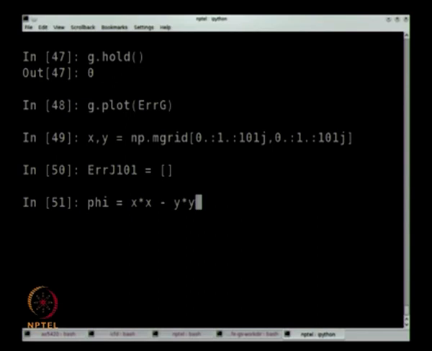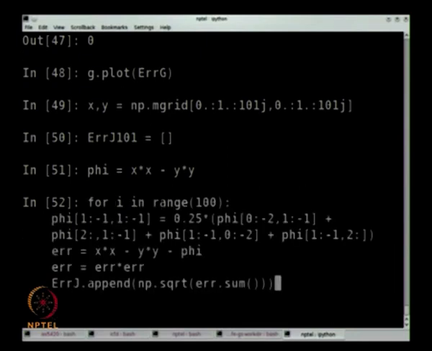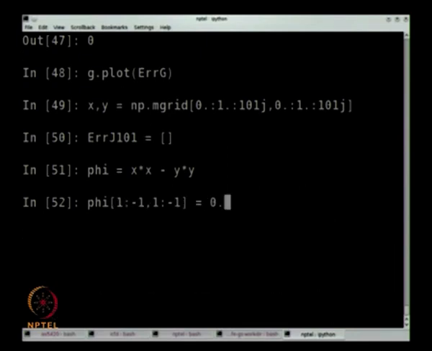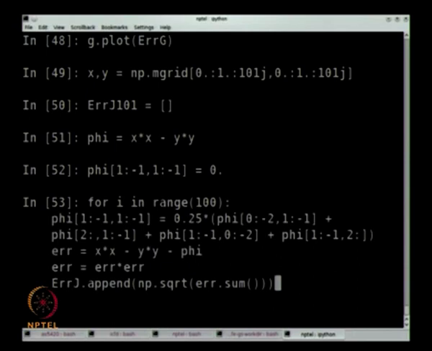I am sorry, Jacobi iteration. So that should do Jacobi iteration for us. J should be 101. Is that fine? Thank you.